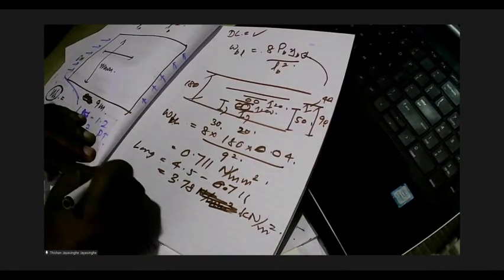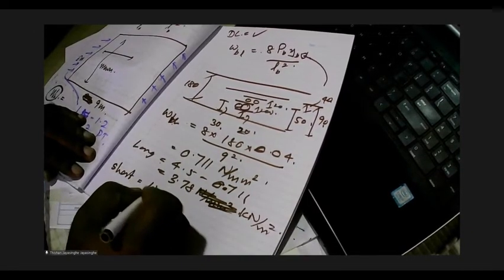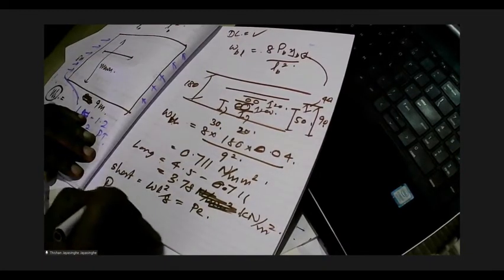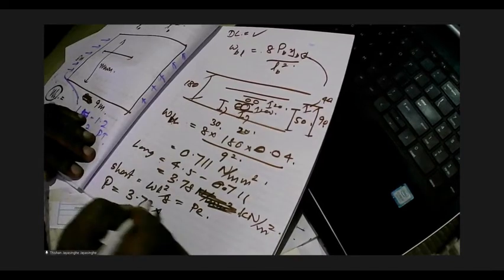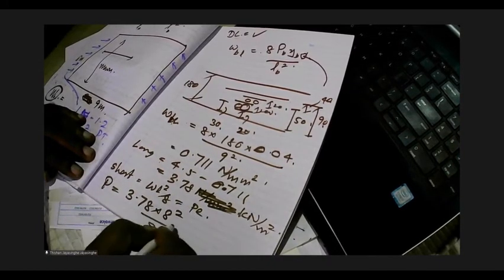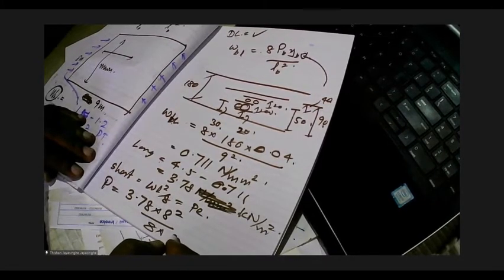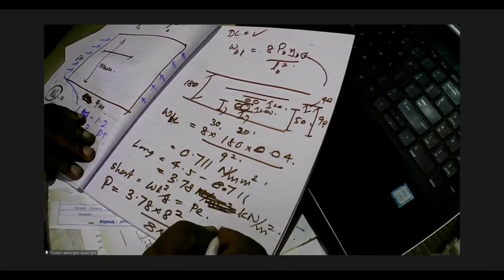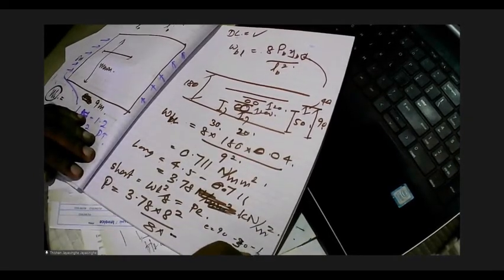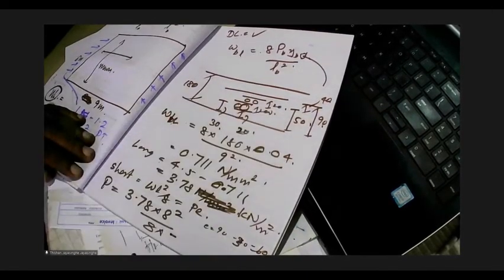So in the other direction, the short span direction, you can say W is the weight, P E. So we know the W, so we have to find P, equal to W, 3.78, L is 8 meters, divided by 8 and divided by E. Eccentricity in that direction is 50 millimeters, 90 minus 30, 60 millimeters.